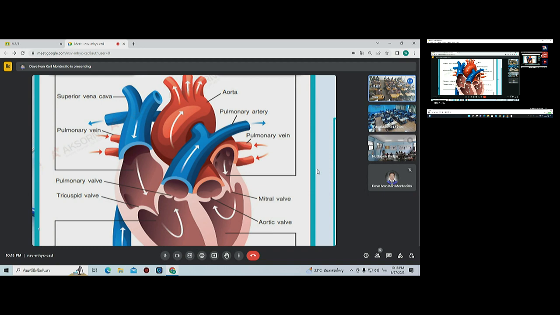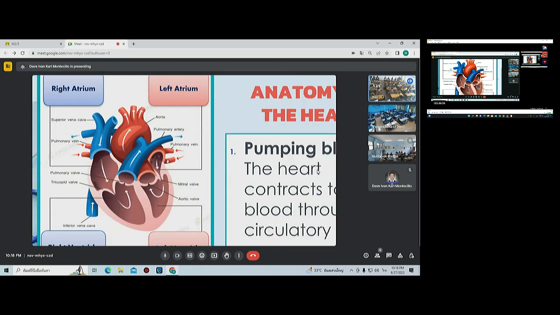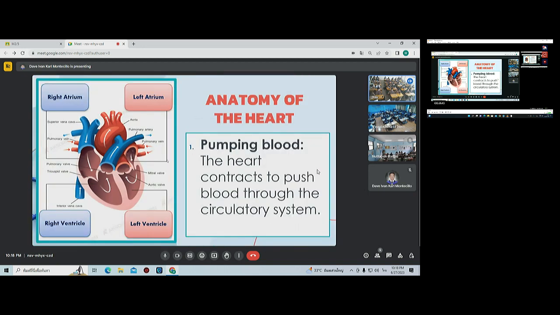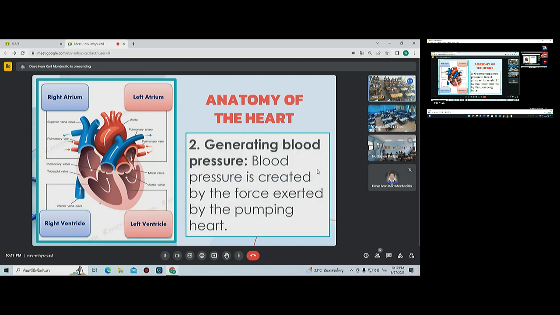So next, our heart will pump blood. Our heart also generates blood pressure by pumping.